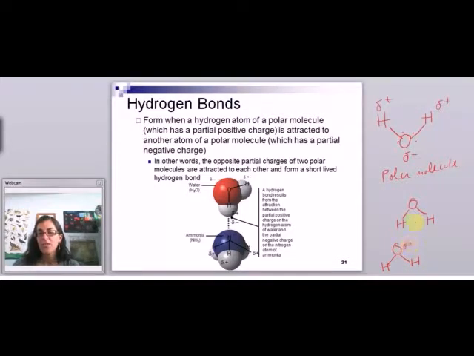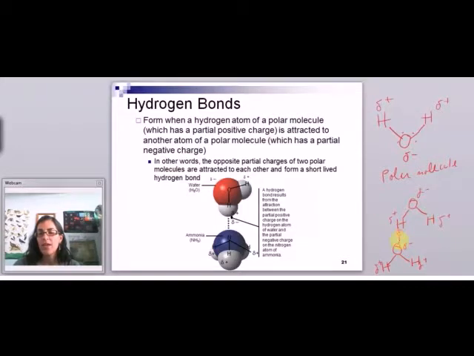So this has a partial negative charge. It's sticky. It wants to stick to partial positive charges. So let me draw in my partial positive charges here. If two water molecules get near each other like this, the sticky part of the oxygen and the sticky part of the hydrogen will stick to each other because they match, positive to negative.